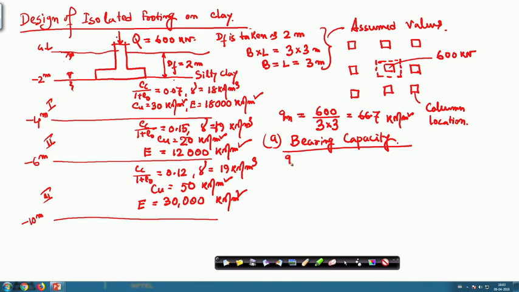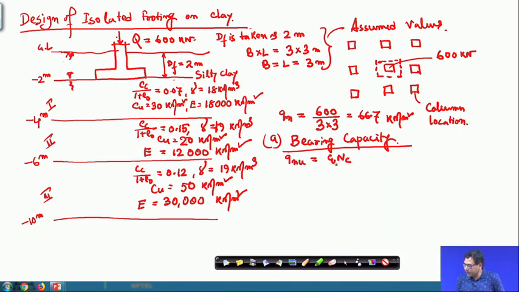So, the Skempton bearing capacity, Q net ultimate, is Cu Nc. This is the Skempton bearing capacity expression. Nc value for the rectangular footing is (1 + 0.2 B/L) into (1 + 0.2 Df/B).